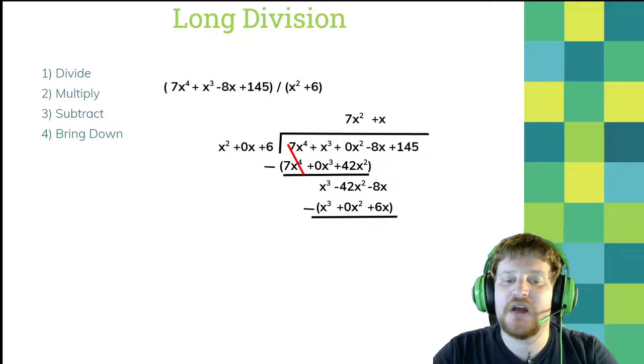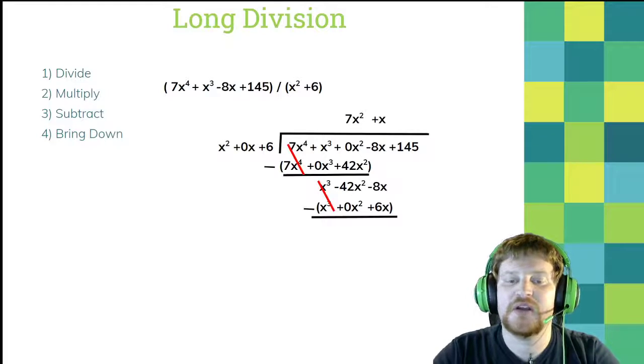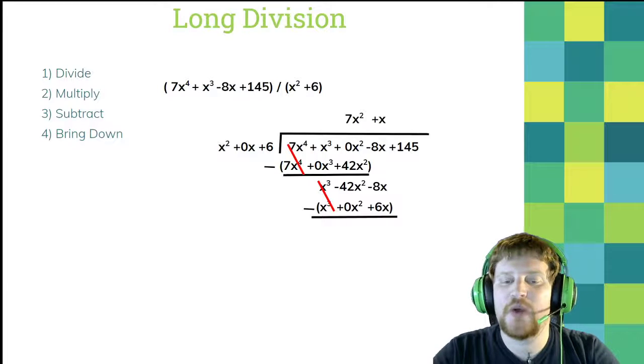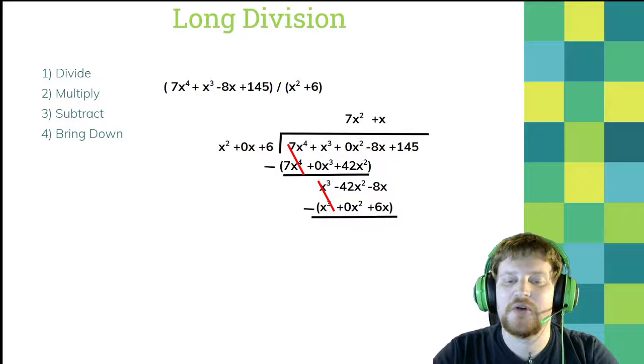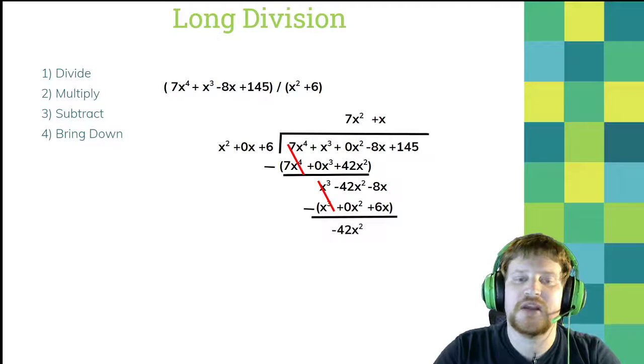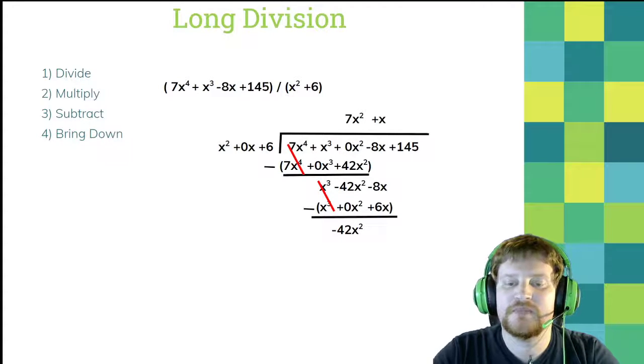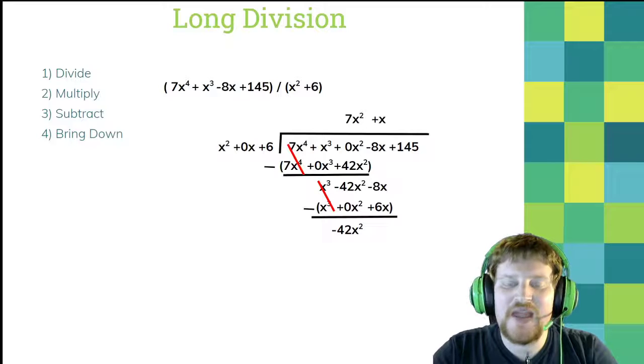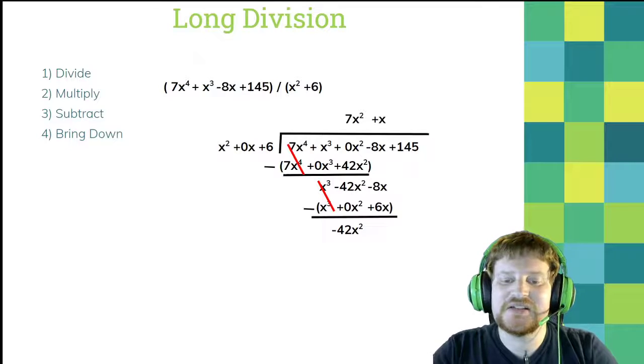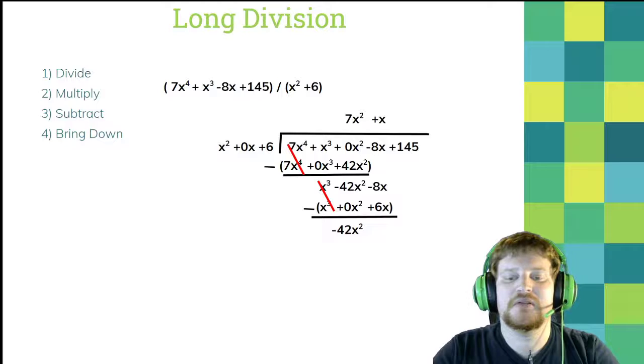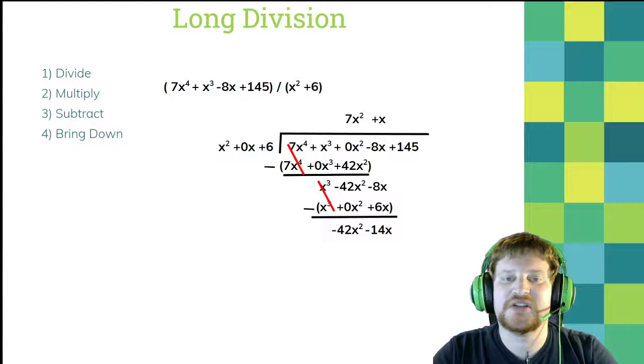Once again, notice that our x cubed minus x cubed, those are going to cancel out, just like before. It is intentional, that's why we set it up this way. 42x squared minus 0x squared, negative 42x squared. Negative 8 minus 6x is going to give us negative 14x.